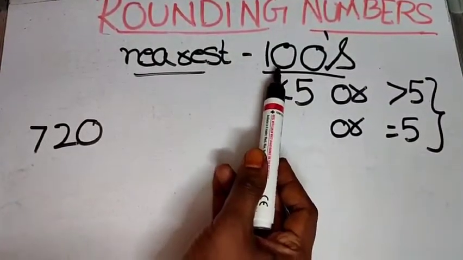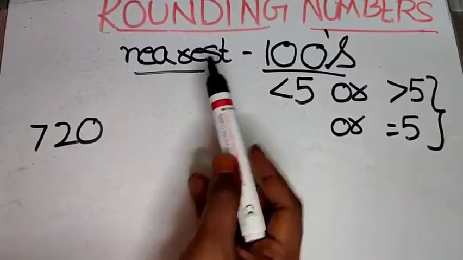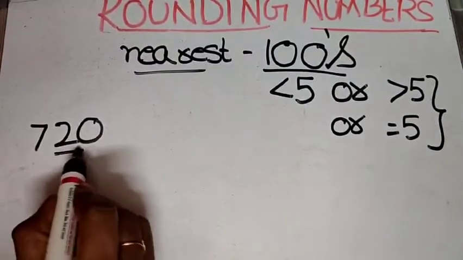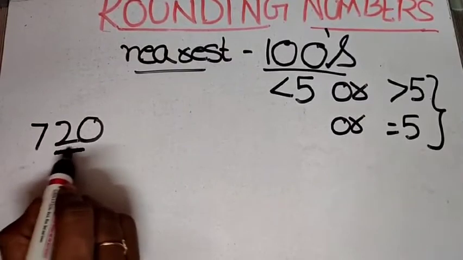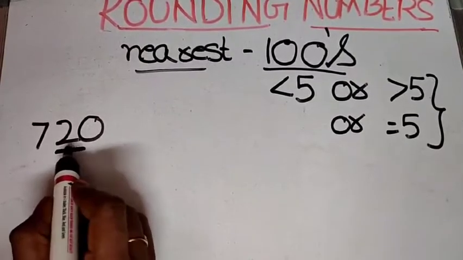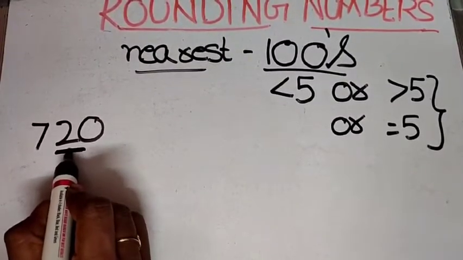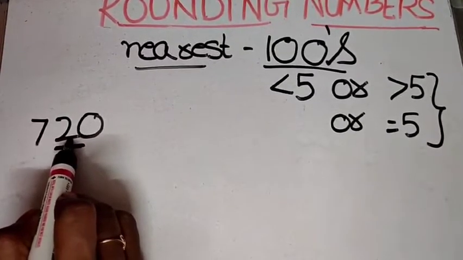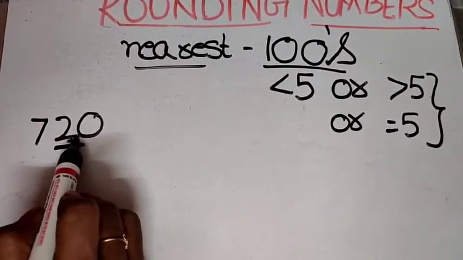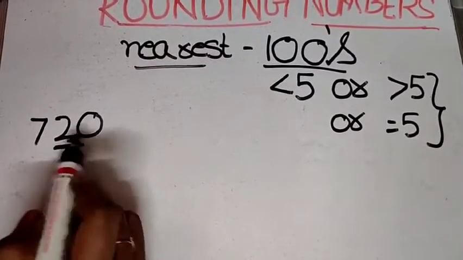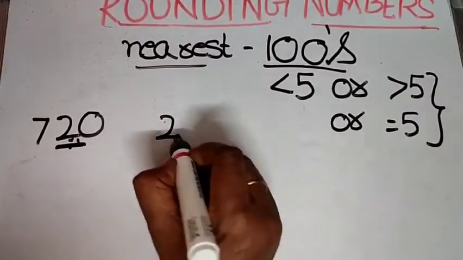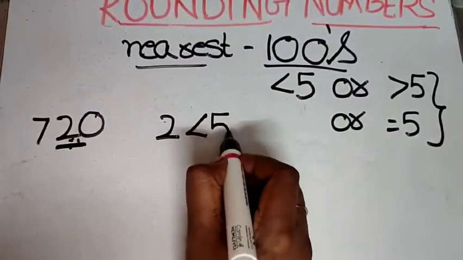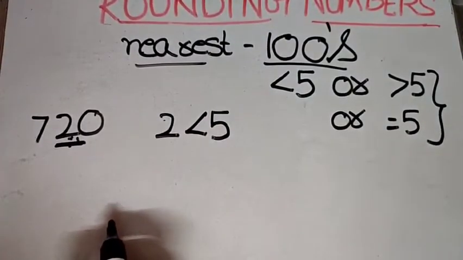Whenever we are finding for the nearest hundreds, we have to check the tens place. Here we are checking the tens place, and we have to check whether the tens place digit is less than 5 or greater than 5 or equal to 5. If you observe, 2 is less than 5, then what we have to do?